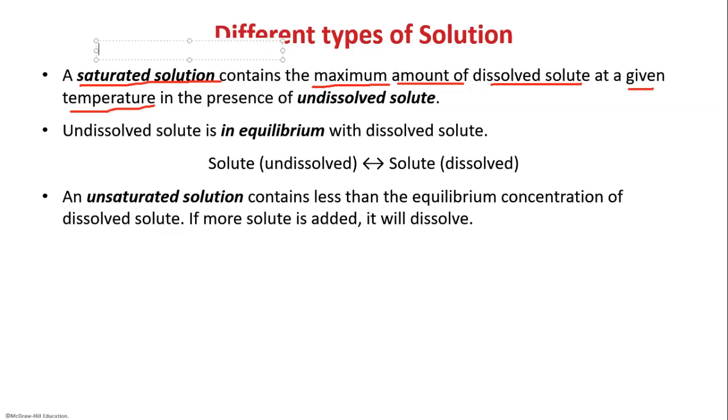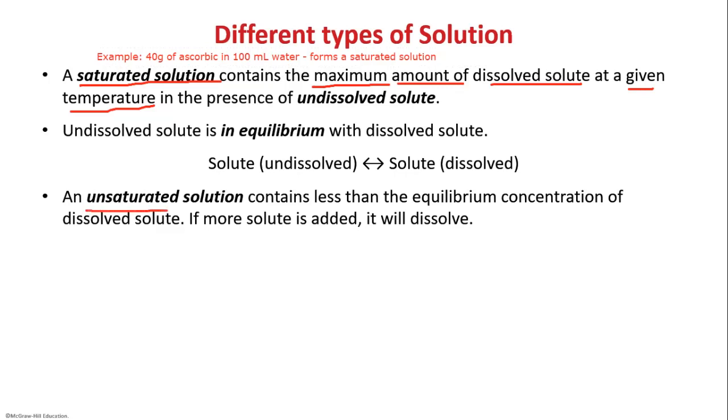So, for example, 40 grams of ascorbic acid in 100 milliliters of water forms a saturated solution. Now, if we were to put less than 40 grams of ascorbic acid in 100 milliliters of water, that would be what we commonly refer to as an unsaturated solution.